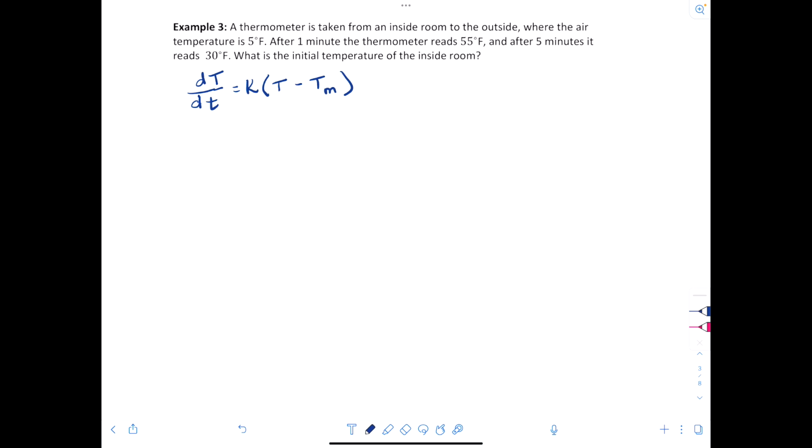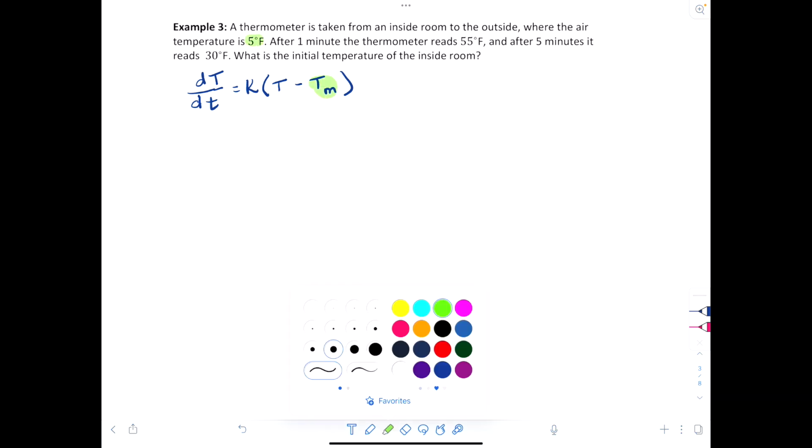With this one, the air temperature is 5 degrees, so that'll be our ambient temperature.